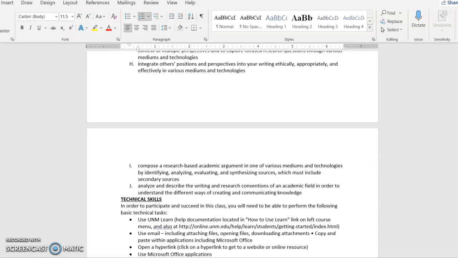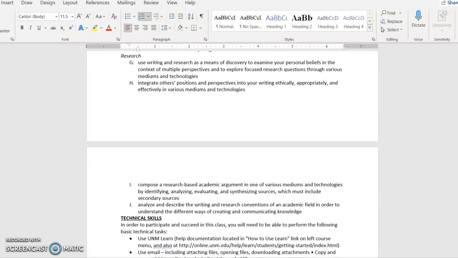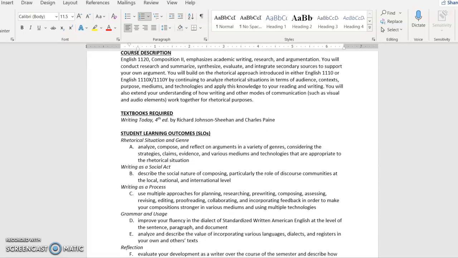So that's one of the goals here in terms of research, and that has to do with genre to an extent, that you'll be able to say, okay, this is something for an academic field, and this is how I can tell that this is a specifically academic article versus something for a generalized audience. Okay, so these are the SLOs.